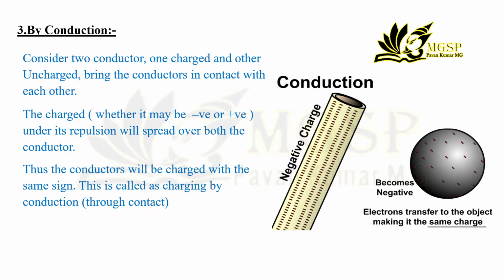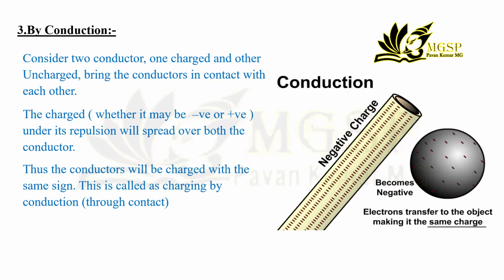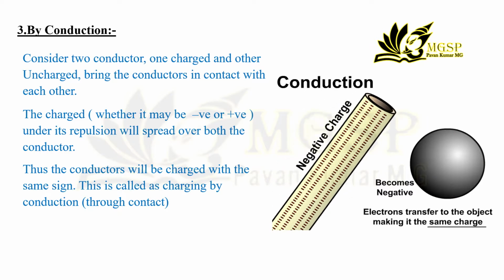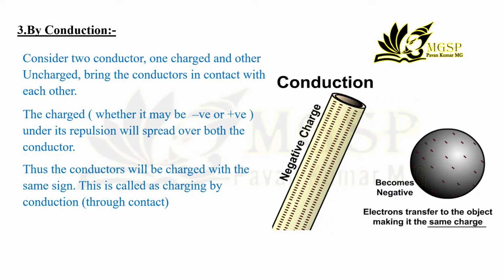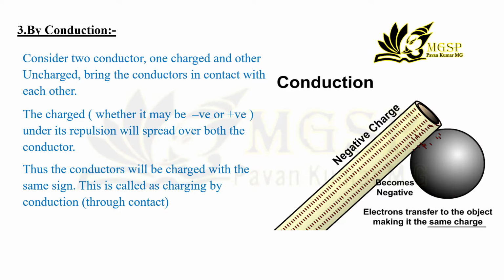See, here we have negative charge, and electrons are being transferred. The same charges are transferred from the negatively charged conducting rod to a neutral sphere, which makes the sphere negative.